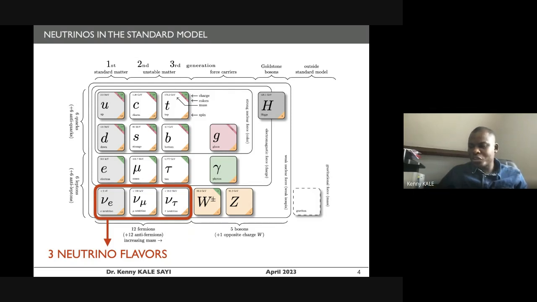So they demonstrated that if there exists a field that we call the Higgs field, it is the interaction of a particle with this field which provides mass to this particle. And then it works.